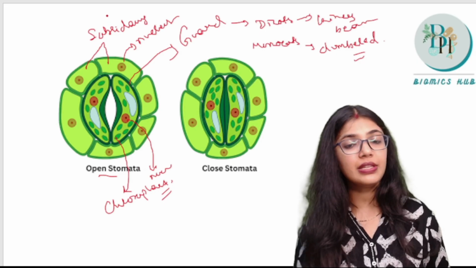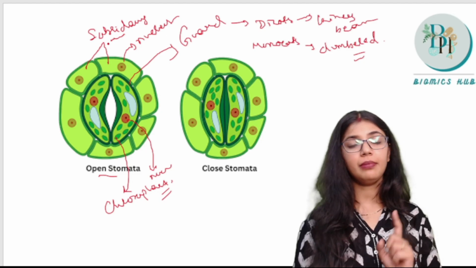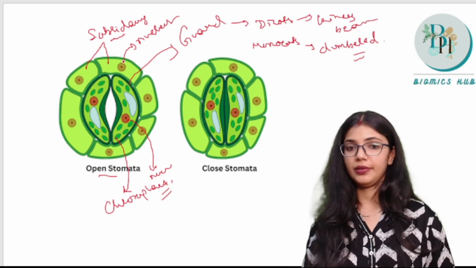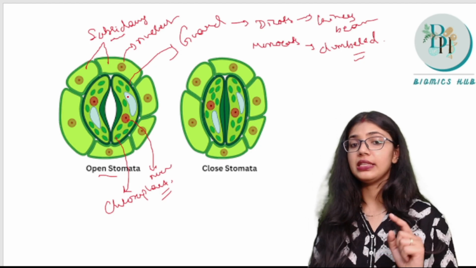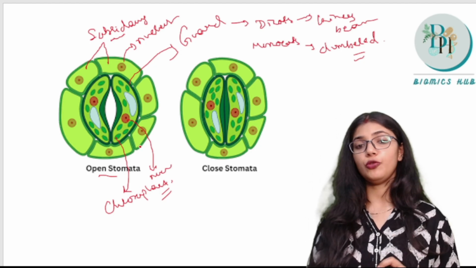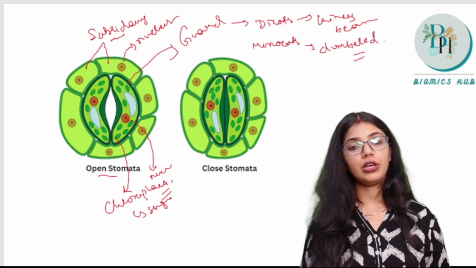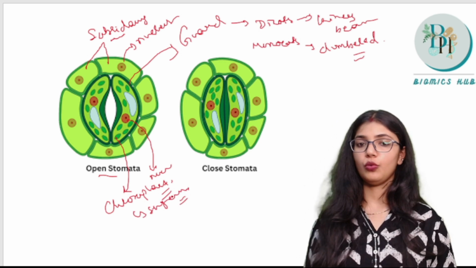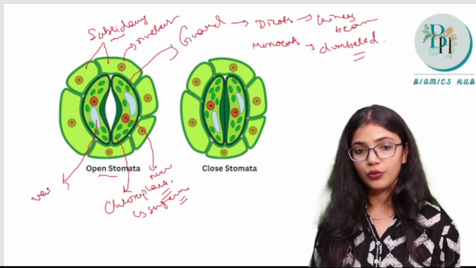You can see here that the subsidiary cell is also an epidermal cell, but it does not have any chloroplast. The guard cell having the chloroplast helps in photosynthesis, and due to this photosynthesis there will be formation of sugar, which is glucose. Another thing present over here is the vacuole.